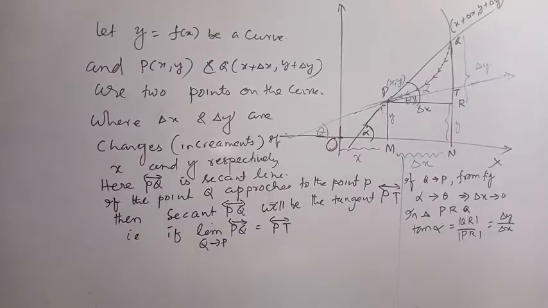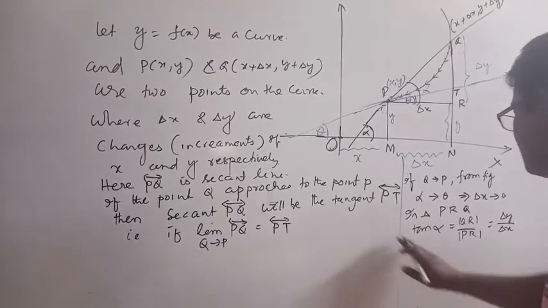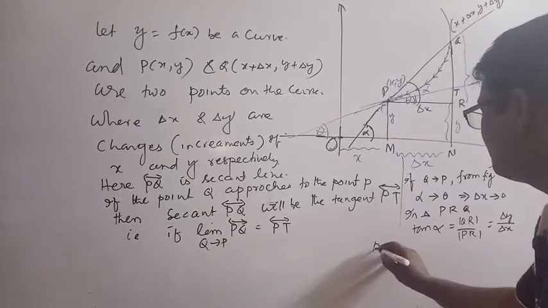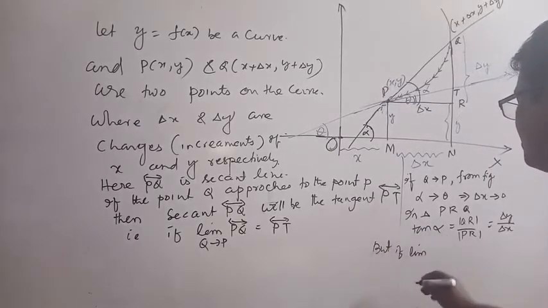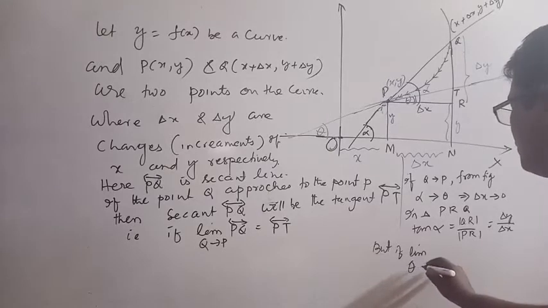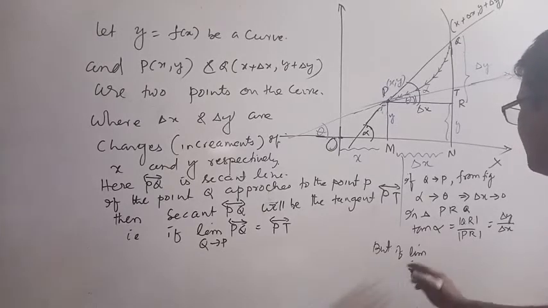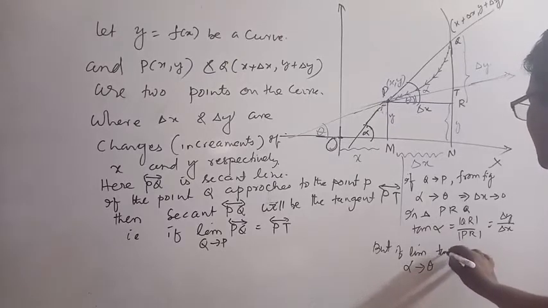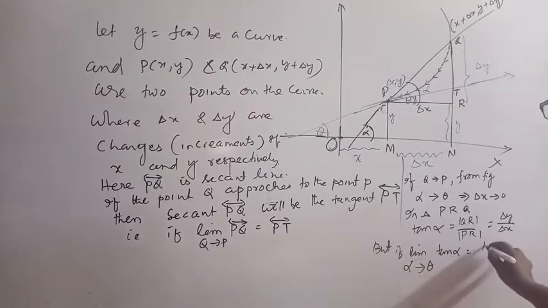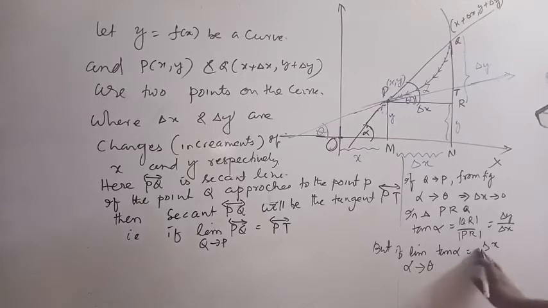But in the limiting case, suppose alpha tends to theta. This is tan alpha and this is delta y by delta x.